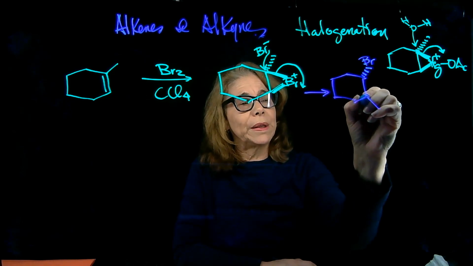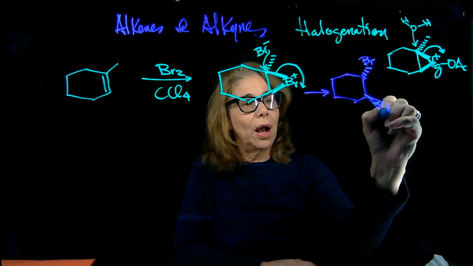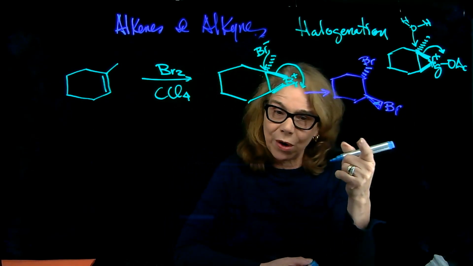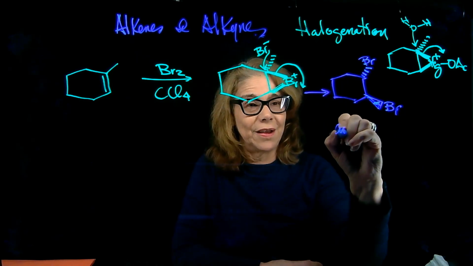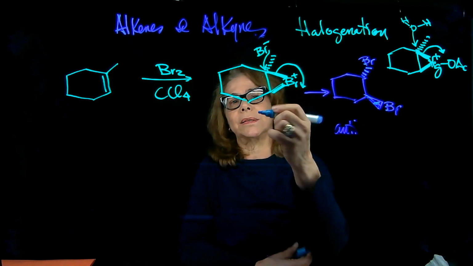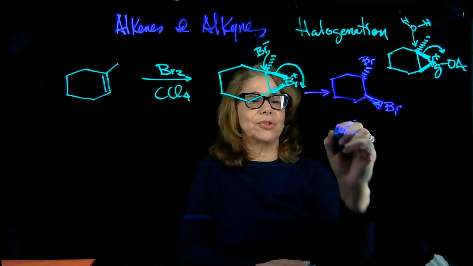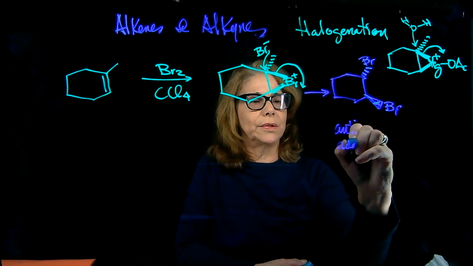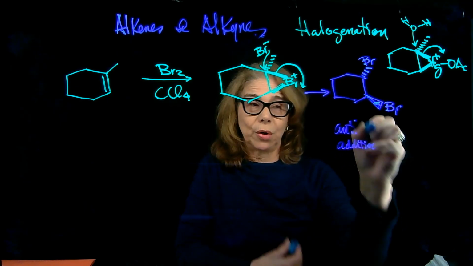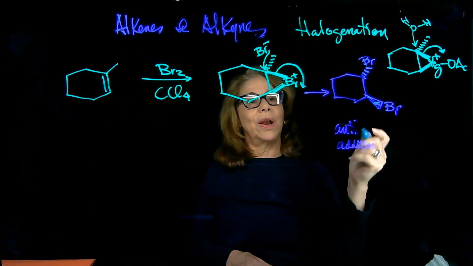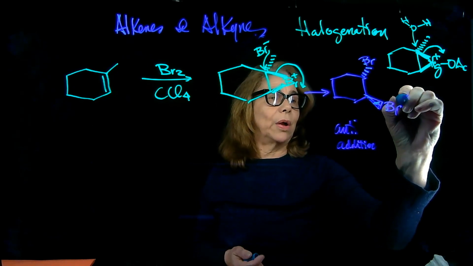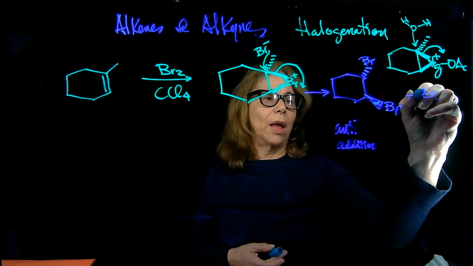The other bromine is going to end up here. So as you can see, one up, one down. That's anti, or the mechanism was an anti-addition. These two bromines are actually trans to each other, and you will have that plus the enantiomer.